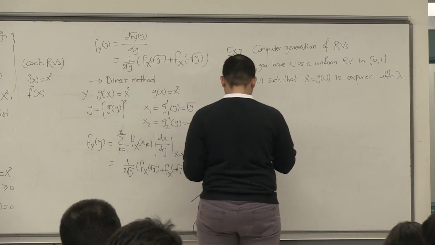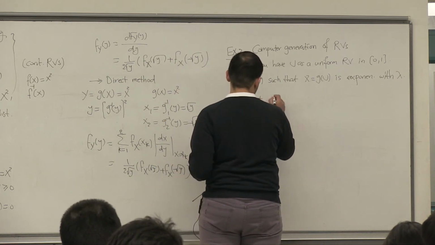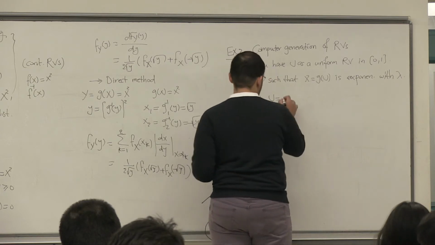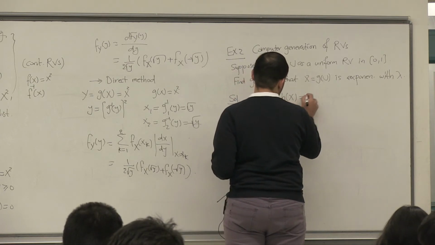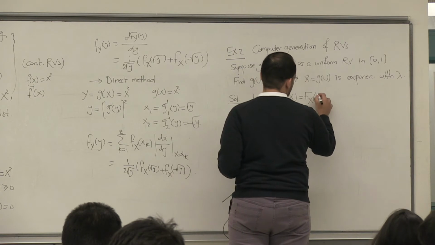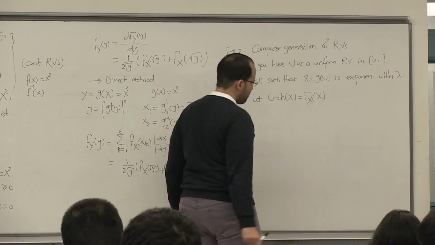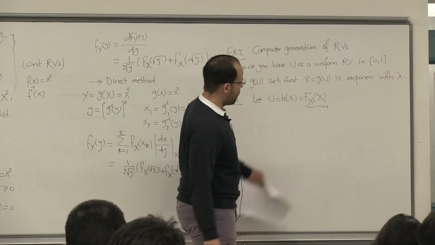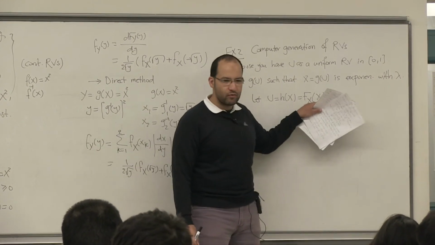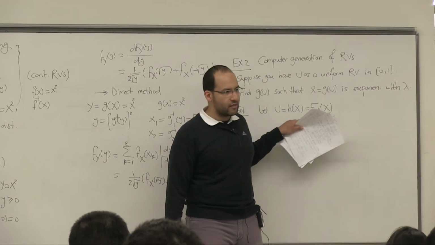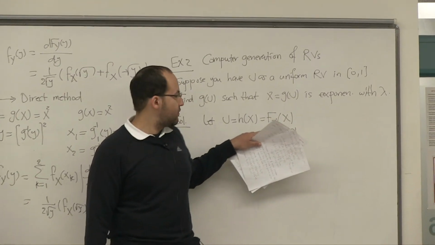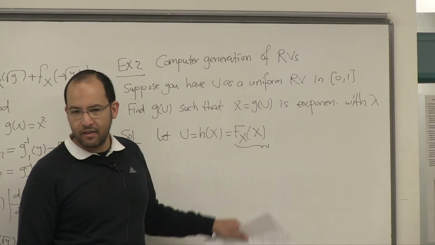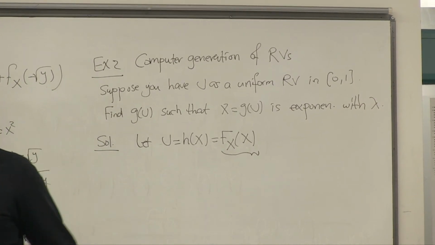Okay? We will do something generic first, and then we will see how it can help us to solve the problem. Let U equals h of X equals F_X of capital X. What is this? We are used to F_X of small x, where small x is the value, right? What is this? What does that mean?